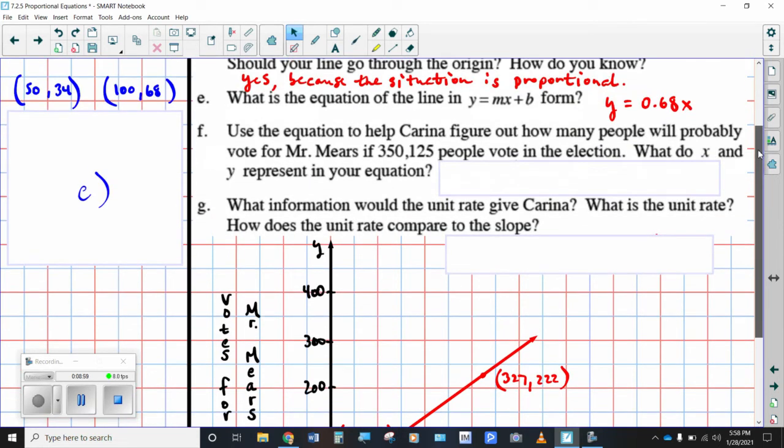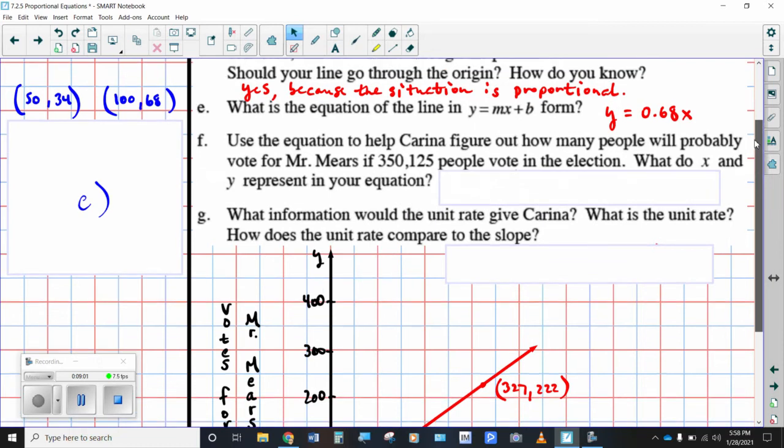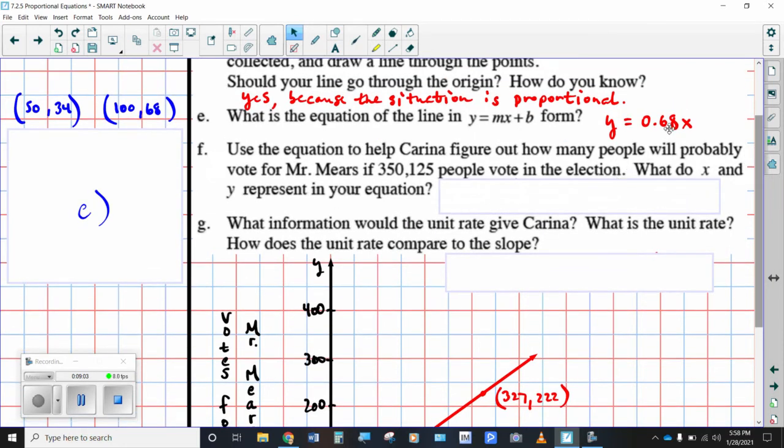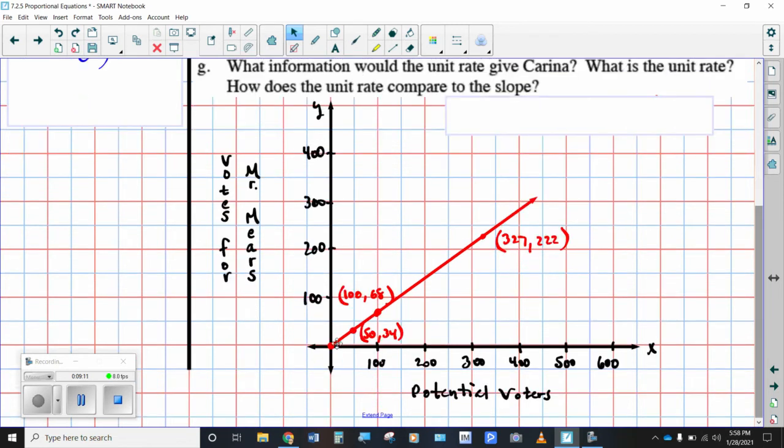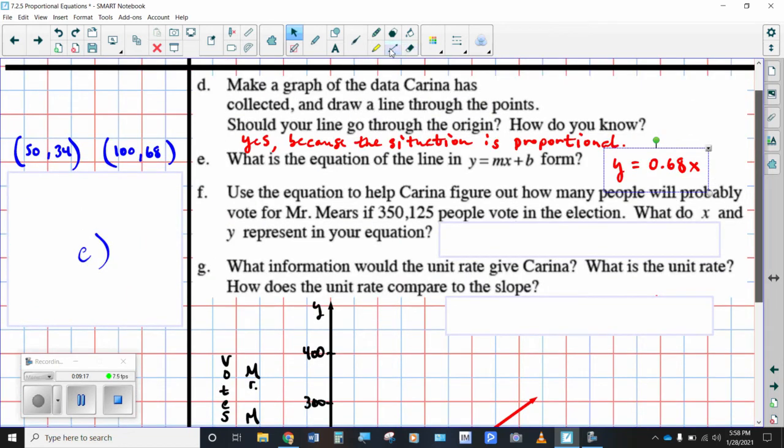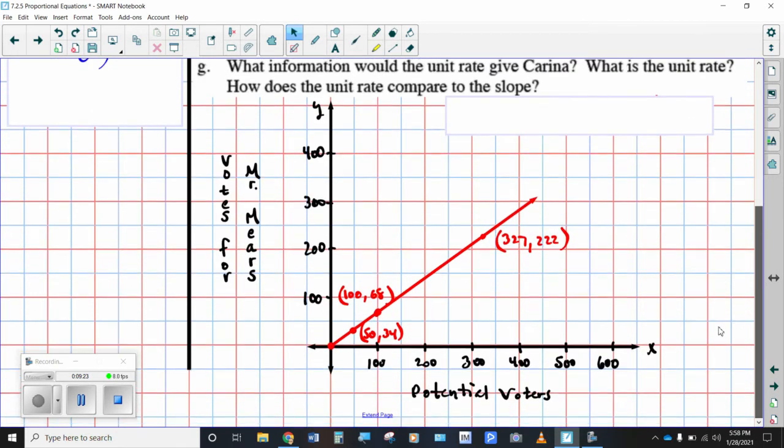So now we have to figure out what is the equation for the situation. You can already see it there. I forgot to cover it up. I'm so sorry. But how do we get the slope? We know how we get the y-intercept because it's a proportional situation, and the y-intercept is equal to 0. So if we use the y equals kx or the y equals mx method, we will figure out the slope of this line by taking any 2 points, right?